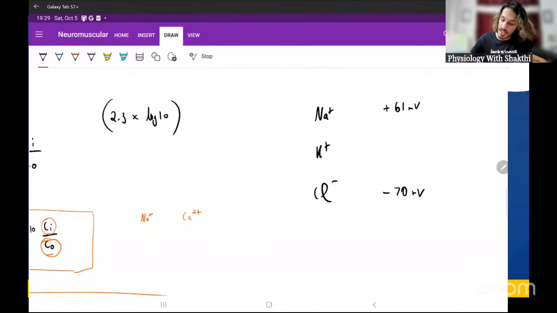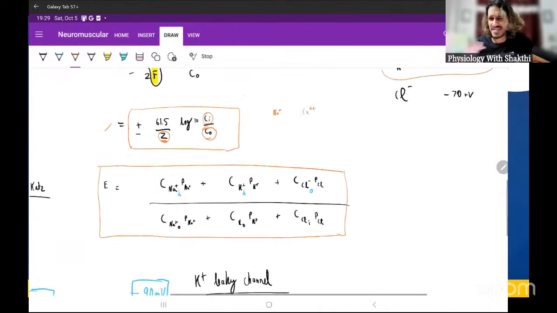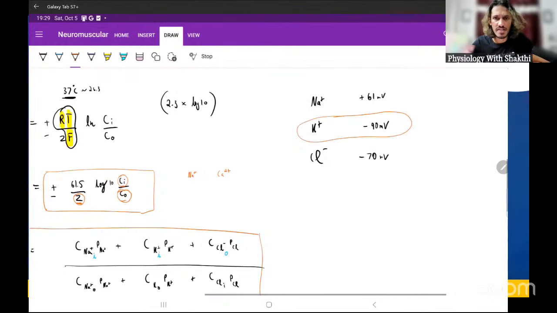If you look at potassium, based on the temperature again, all of this will vary, minus 90 millivolt. What do you understand from this? Some, based on different temperatures again, can go to 94 and all. Some standard textbooks have different values. That is just based on the difference in the temperature that is measured actually. So some textbooks again, as I was telling, say 94. So potassium is minus 90.